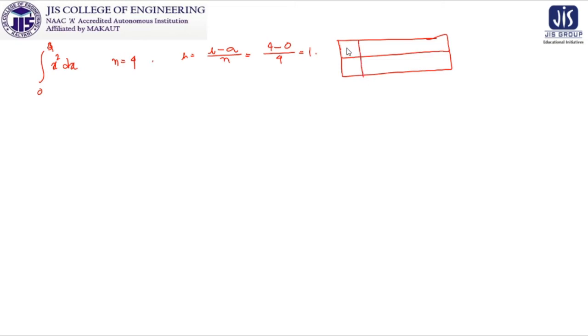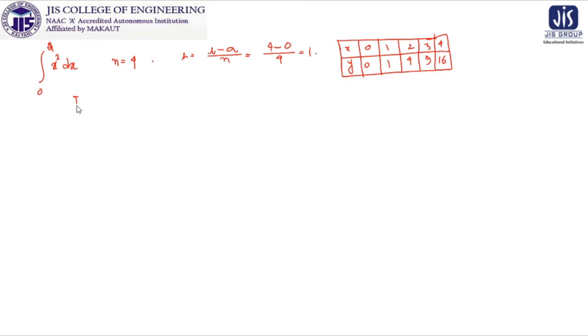And here we can write it as x and y, and then my values will be 0, then 1, then 2, then 3 and 4. Accordingly it will be 0, 1, 4, 9 and 16.